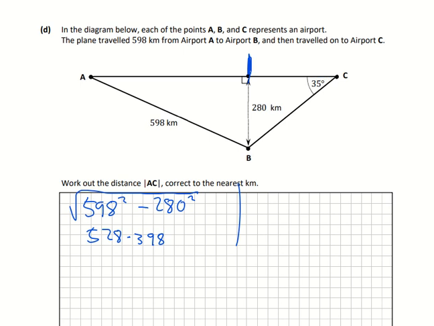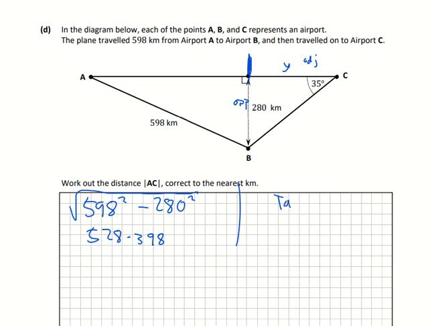Then to work out the other side, this bit over here, we're going to have to use sin cos again. Now I'll just put a little y up there. You could call it x, it doesn't matter, just anything. From 35, the 280 is the opposite, and the y is the adjacent.